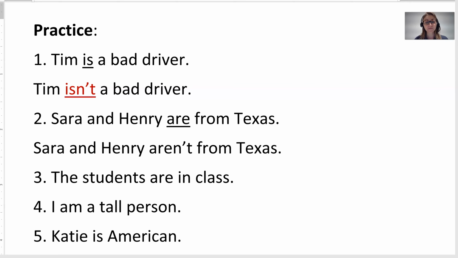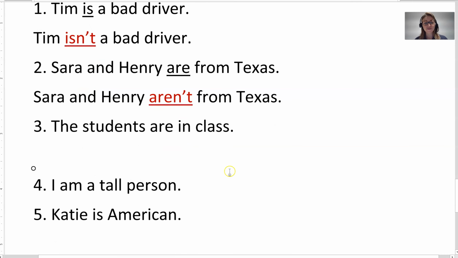Okay, and remember, it's okay if you want to use no contraction. So you can say Sarah and Henry are not from Texas. That's okay. Next one, the students are in class. Okay, here's our verb are.